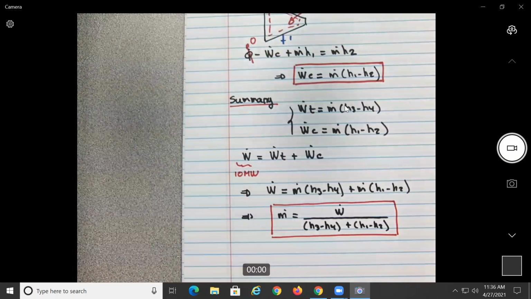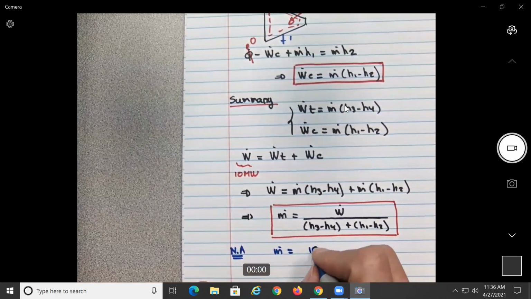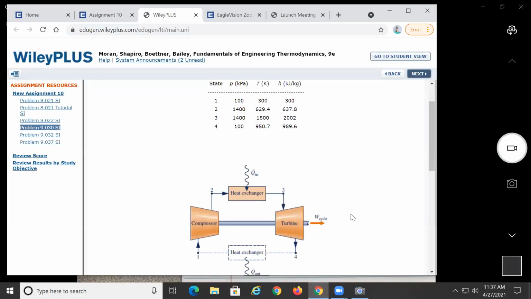So now if we do the numerical application, we should get that m dot equal to 10 to the 3 kilowatts divided by, so let's see what H3, H4.